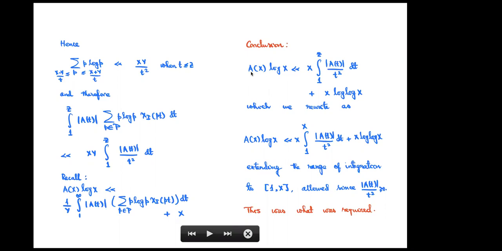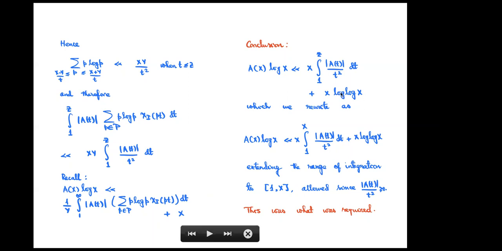So when you divide this inequality by x times log x, what you're going to get here is log x by log x. And then you're going to let x go to infinity.